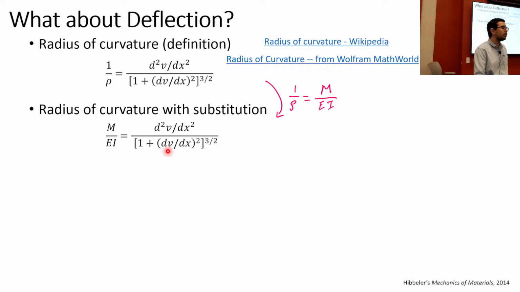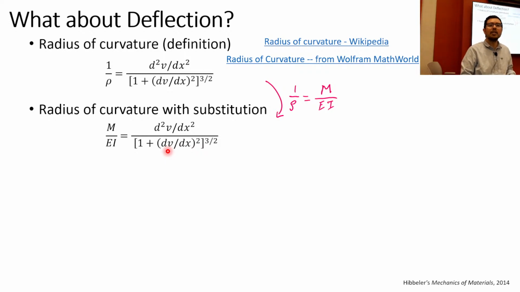Well, dv/dx is really telling us what the slope is, just like dy/dx. In these cases, we're assuming very small deflections, and also very small slopes. The curvature diagrams we've been putting up have been quite exaggerated. So these slopes are typically very small.